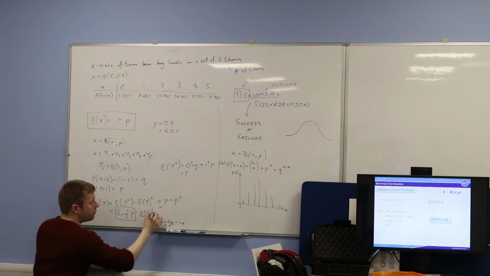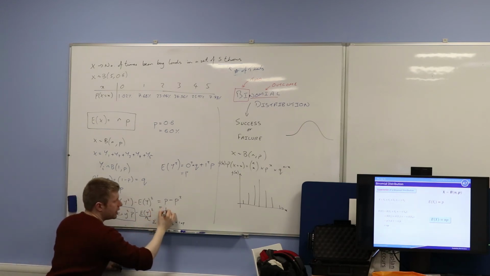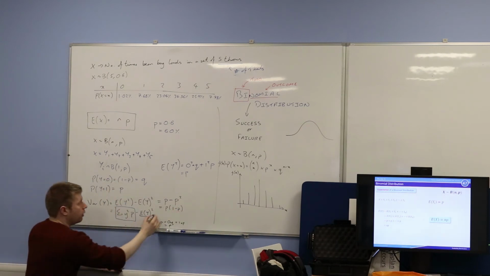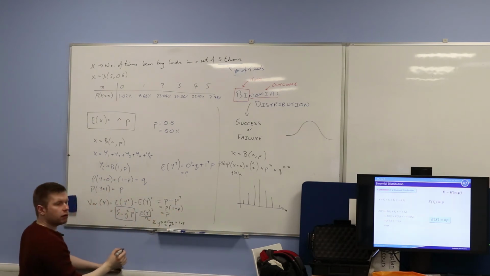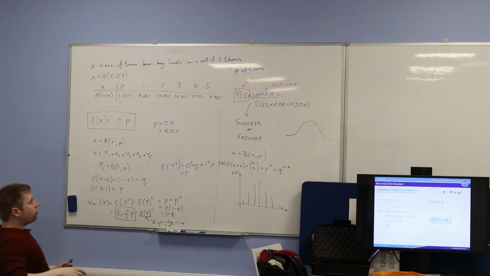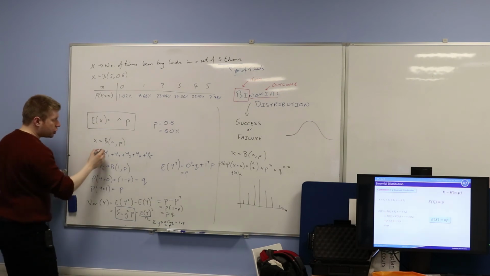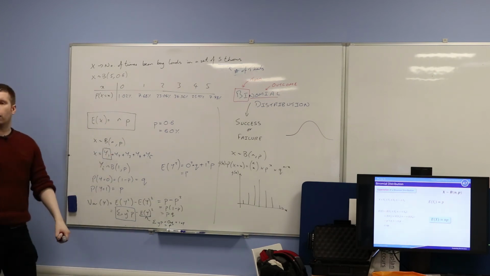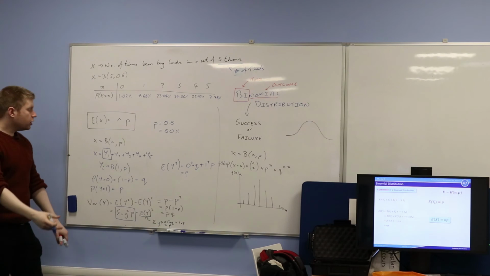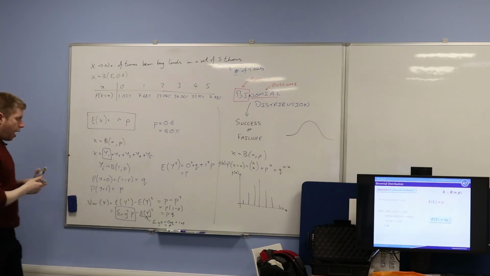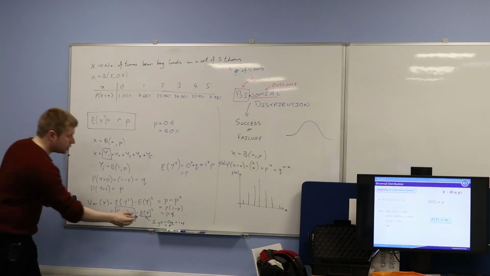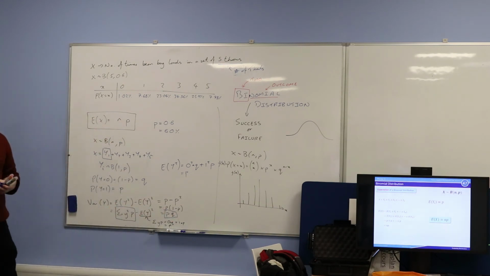Or, with a little bit of algebra, that's p multiplied by 1 minus p. You happy with that? So what's 1 minus p again? q. So it's p times q. Now remember, that is just for one trial, just for one throw. So that's going to be p times q.